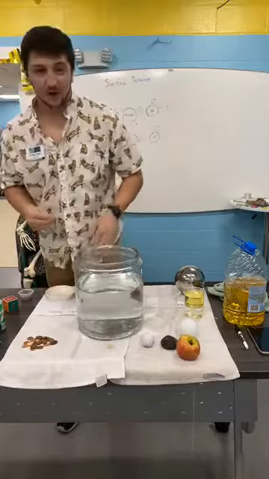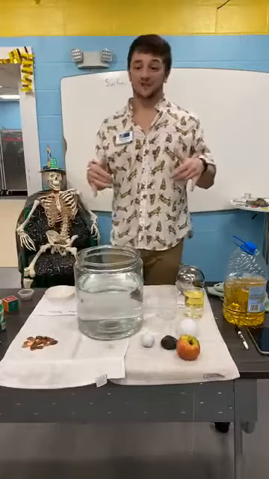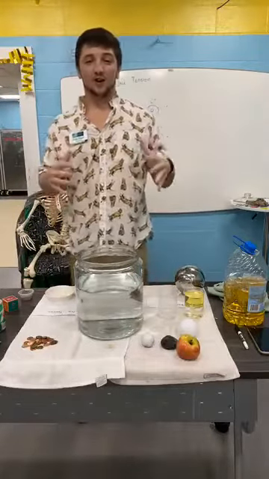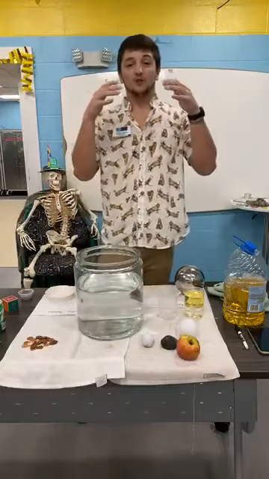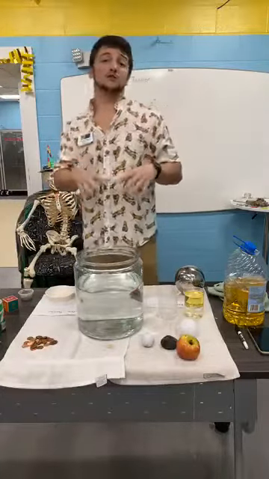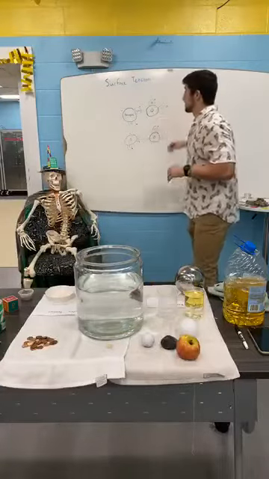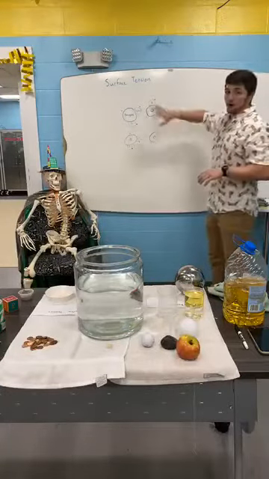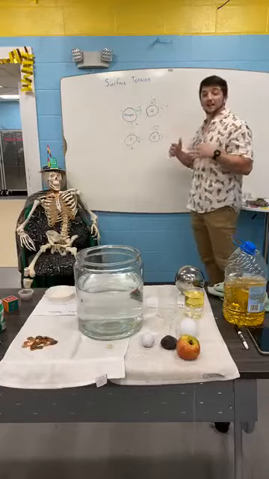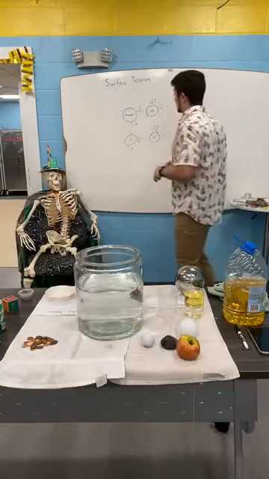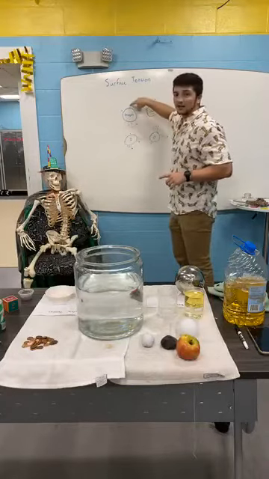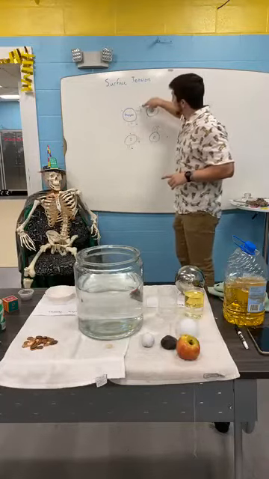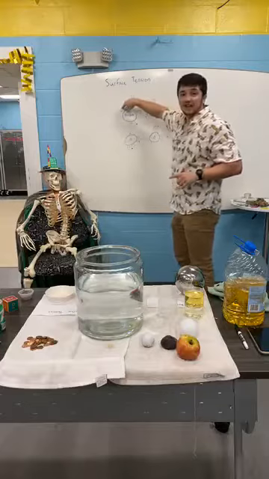And what we were going to talk about before we start this is surface tension, right? So water has a really strong surface tension. The water molecules are super attractive to one another. Over here you can see I have some water molecules, and this is how they stick together through surface tension, right? So we got H2O, 2 hydrogens and 1 oxygen, right? Hydrogen is a positive atom, and then oxygen is a negative one.